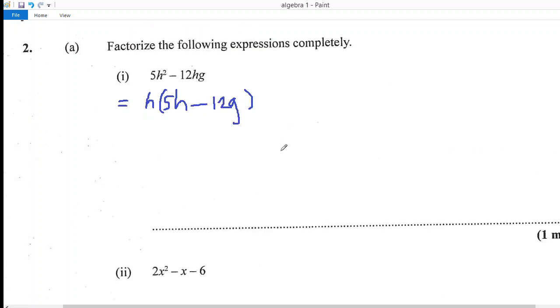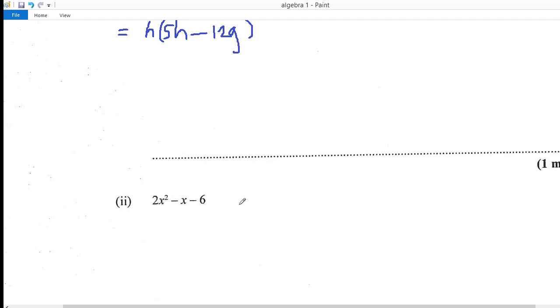Let's move on to our quadratic expression here: 2x squared subtract x minus 6. So what we do is we multiply our negative 6 by our 2. Negative 6 times 2, we get negative 12.